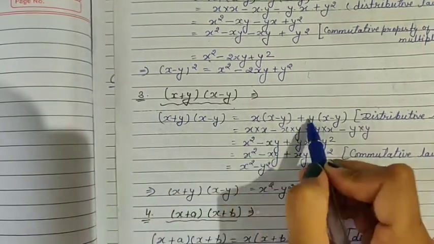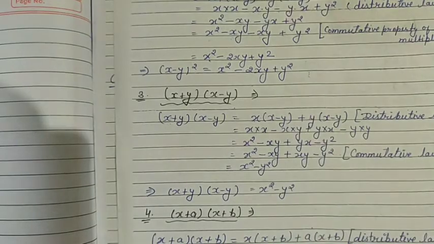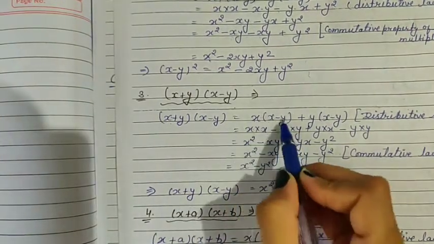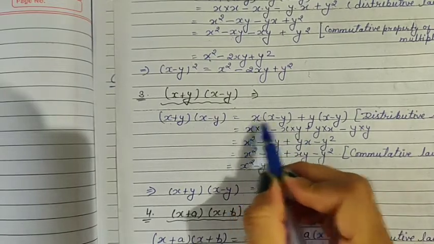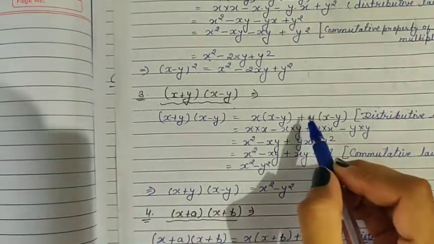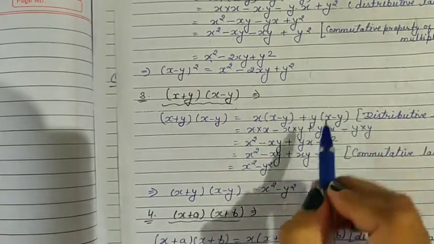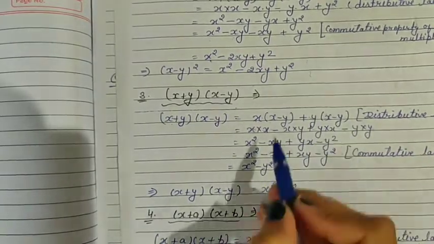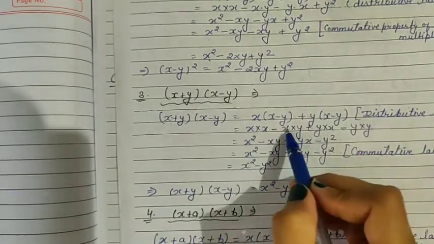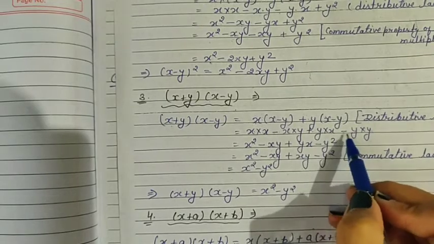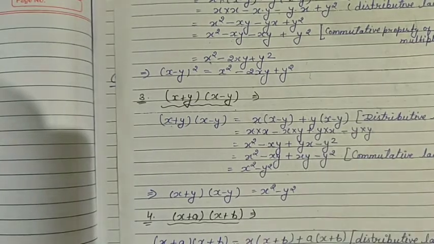Second, plus y is multiplied by x minus y by distributive law. x into x, x into minus y, minus xy, plus y into x, plus yx, minus y into y, minus y square. So x into x, x square, minus xy, plus yx, minus y into y, y square.